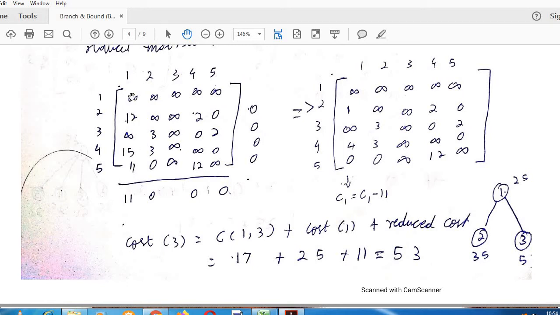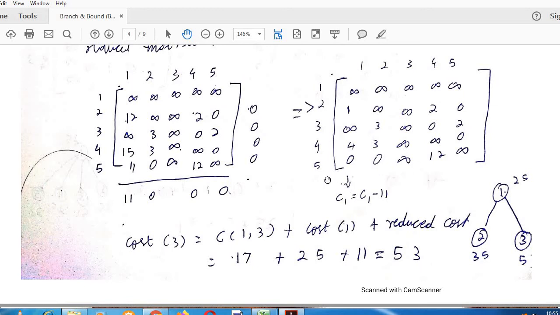So the first column minimum value is 11, so I will subtract 11 from all the first column elements. Infinity minus 11 will be infinity only. 12 minus 11 will be 1, infinity minus 11 will be infinity, 15 minus 11 is 4, and 11 minus 11 is 0. So these values, infinity, 1, infinity, 4, 0, are what we'll be getting in the reduced matrix.